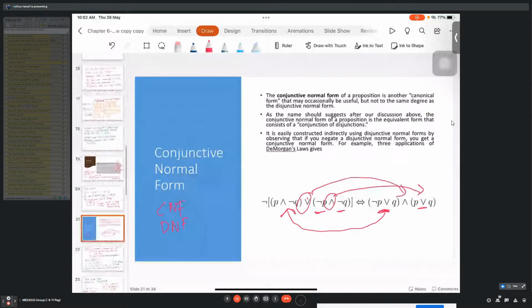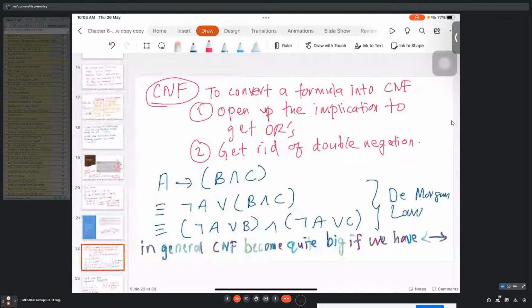To convert a formula into CNF, first you open up the implication to get the ORs. Secondly, you get rid of double negation.